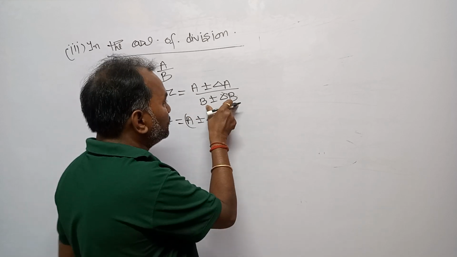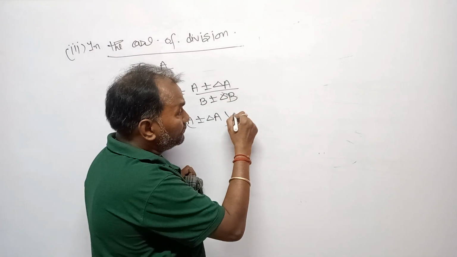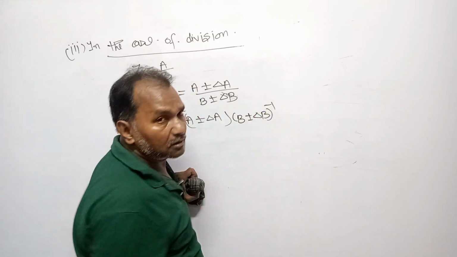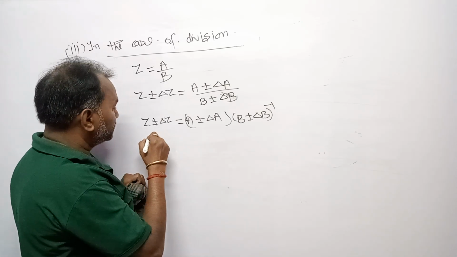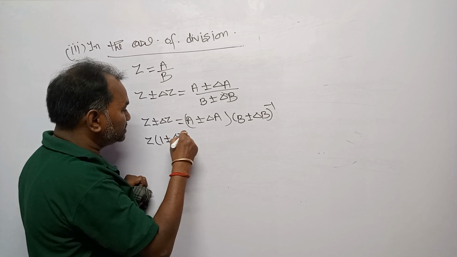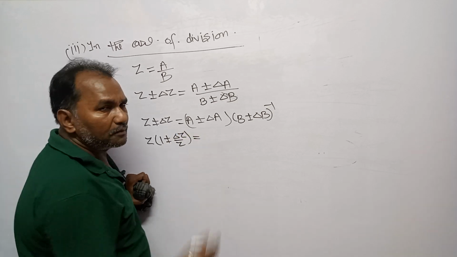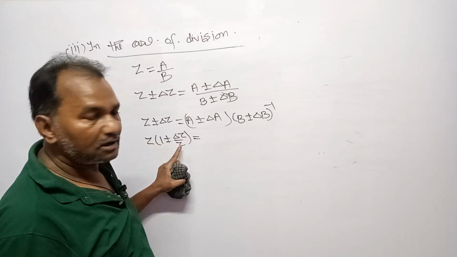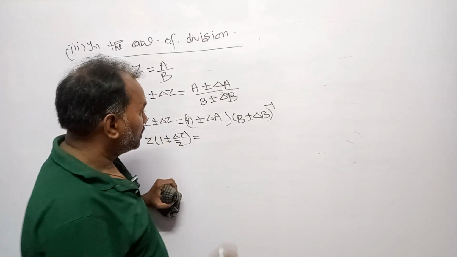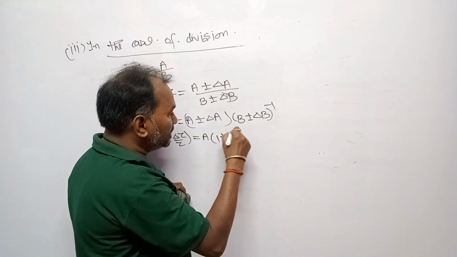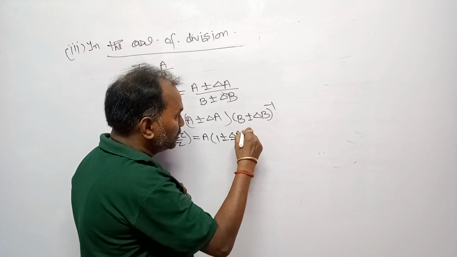Dear students, if you bring it to the numerator, you can write (B ± ΔB) inverse, right? Now take Z out here, it is Z(1 ± ΔZ/Z). If you are a bit confused in taking common, then multiply with Z and you should get the same. Now take out A here, it will be A(1 ± ΔA/A).